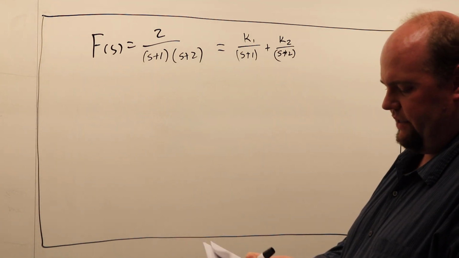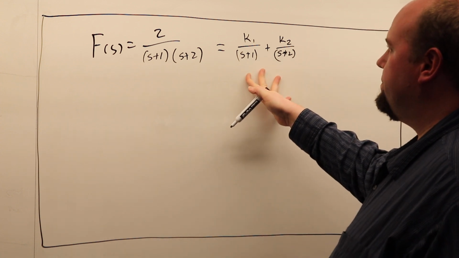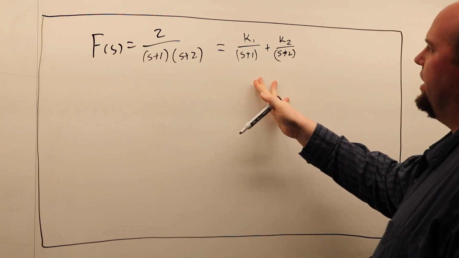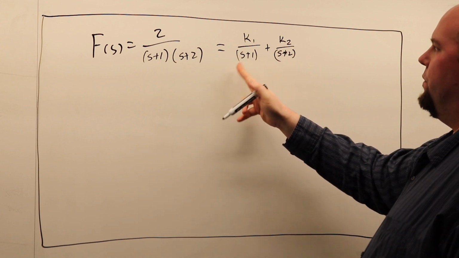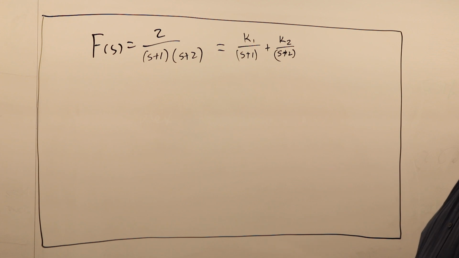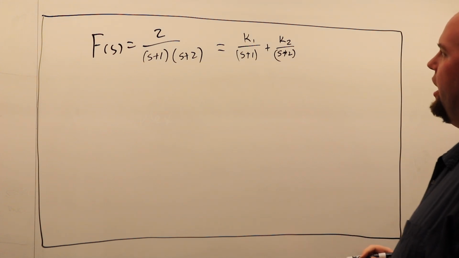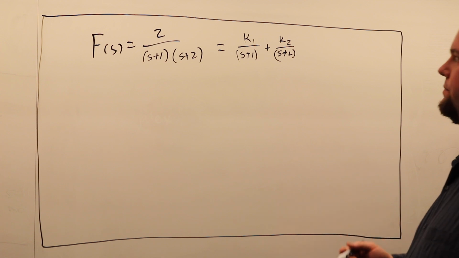And the way we do that is fairly straightforward. We're going to manipulate this equation such that we get rid of one of these terms, leaving just k1. Then we're going to choose a value for s that makes it easiest for us to solve for this unknown. And then we're going to solve for that unknown.